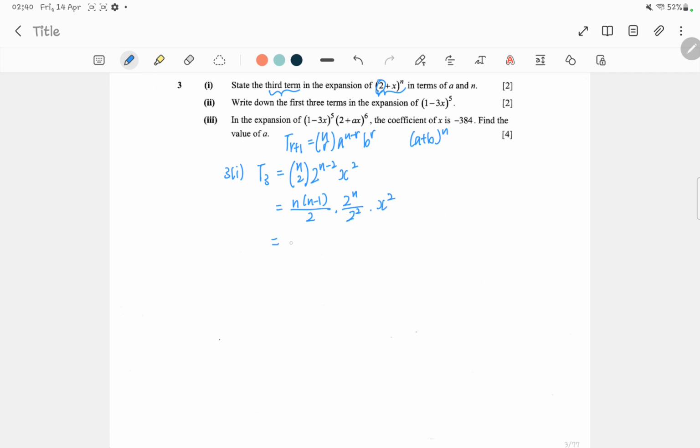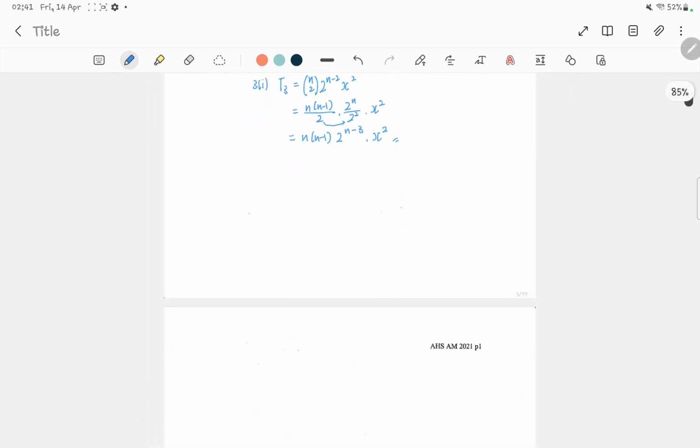If I simplify it, this equals n times (n minus 1), 2 to the power of n minus 3, because 2 times 2 squared is 2 cubed. So I'm going to bring the power to the numerator, it will be n minus 3. And then finally, we have our x squared over here. And this will be our answer for 3 part I. And we are done with 3 part I.